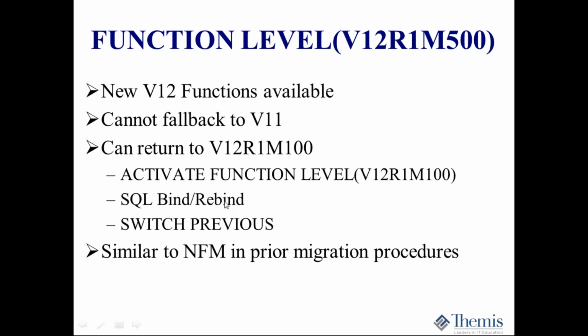Or if you're using proper plan management, you can always switch to the previous bound package that was under modification 100. Kind of similar to new function mode, and then you need to go back to conversion mode. In fact, if you do a display after reactivating 100, it'll show up with an asterisk, showing you've tried to go beyond that and now you came back, just like we did with conversion mode.